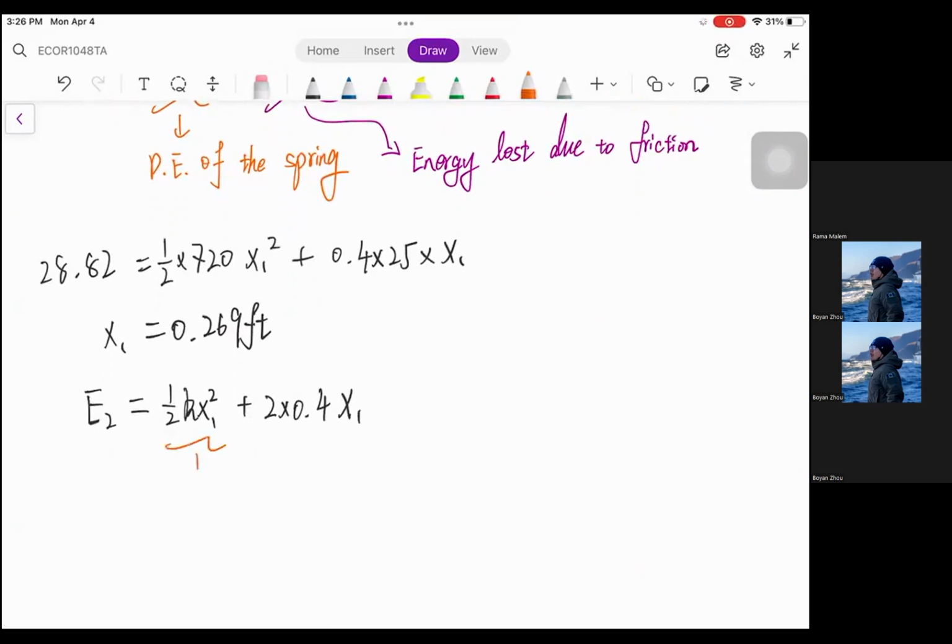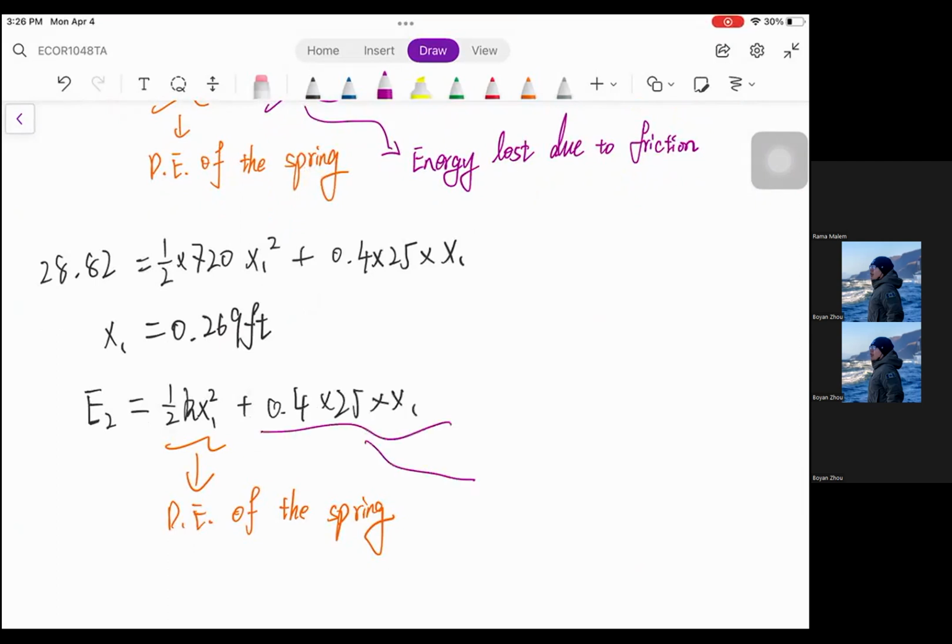So in this equation, the first term is the same thing, the potential energy of the spring. Fs, so 0.4 times 25 times x1, is also the energy loss.